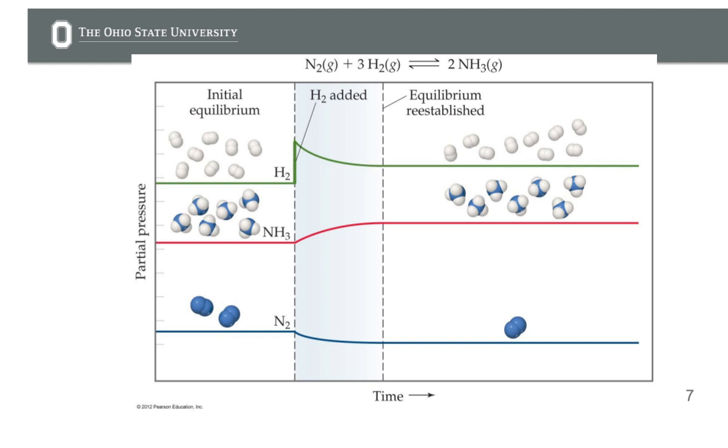The concentration is decreasing because the hydrogen is reacting with the nitrogen to form ammonia. The ammonia concentration slowly increases until we reach equilibrium, and the nitrogen concentration slowly decreases until we regain equilibrium there. Okay? Make sense?